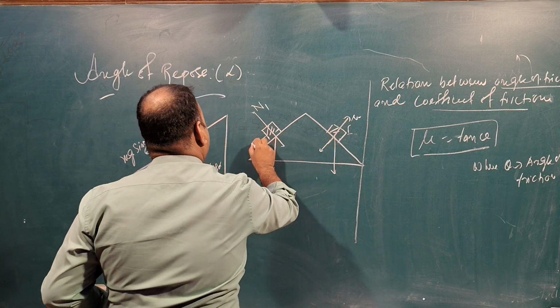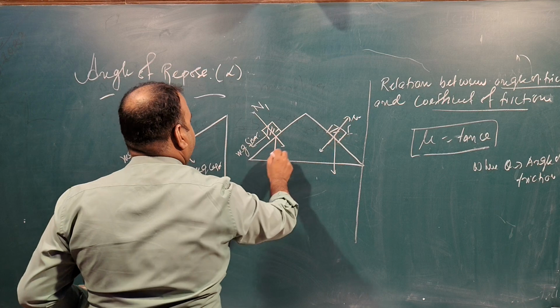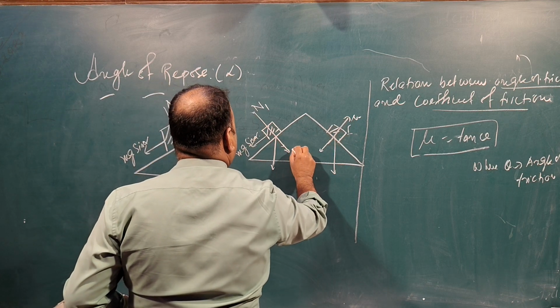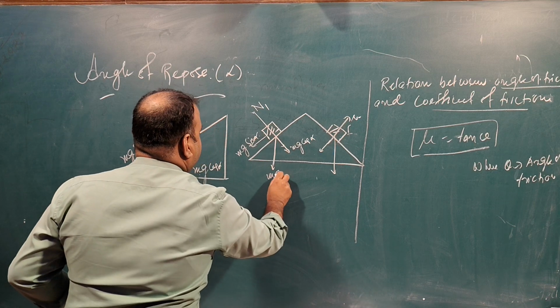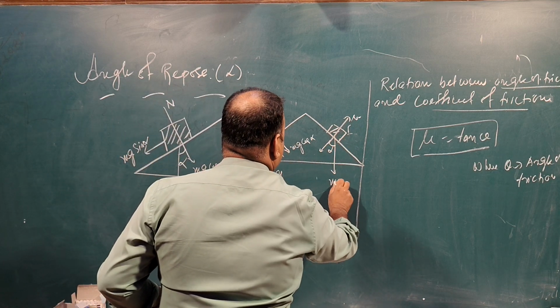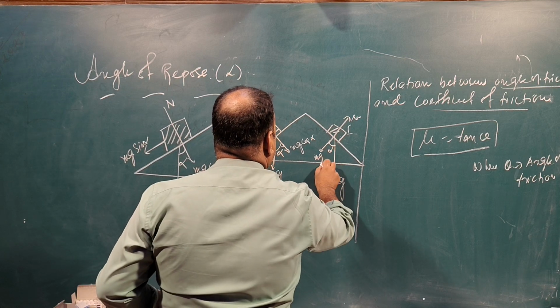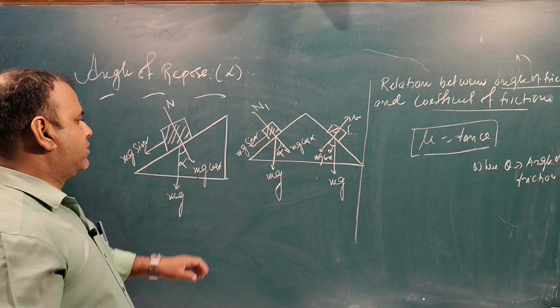That means it will be mg sin alpha, here it will be mg cos alpha, here mg, here alpha, and here also alpha, mg and mg cos alpha. So this diagram we can show like this also.